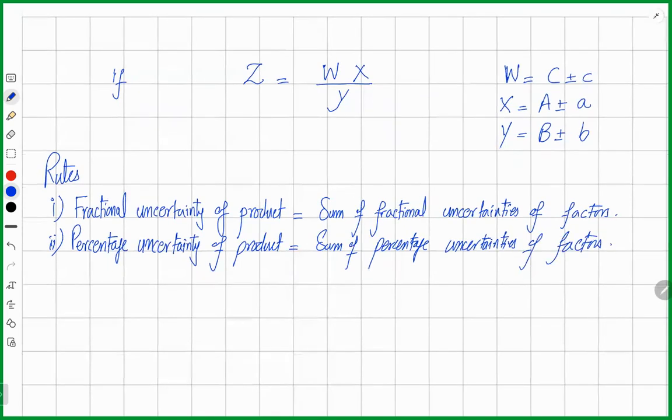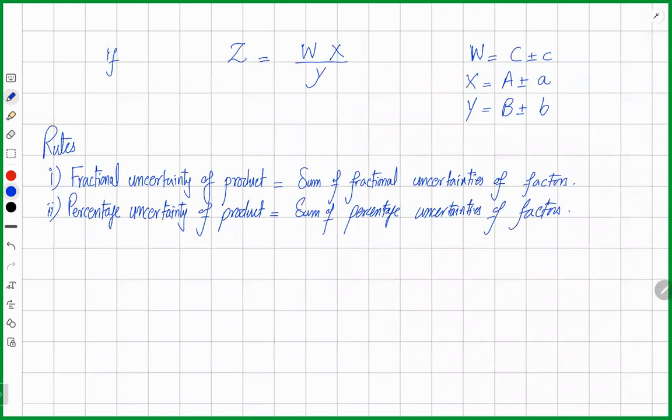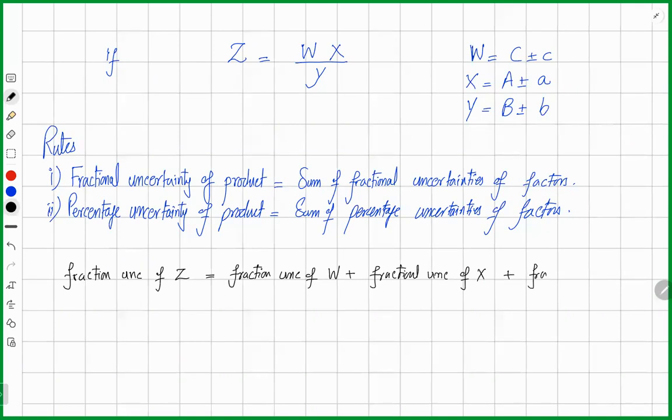Let's see how we can apply this to the above case. Fractional uncertainty of z equals to fractional uncertainty of w plus fractional uncertainty of x plus fractional uncertainty of y.